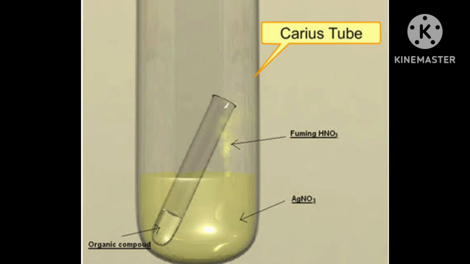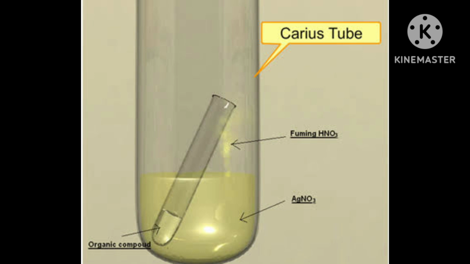AgX has X, maybe chloride, bromide or iodide. Then you calculate the molecular mass. For Ag, silver, the atomic mass is 108, remember it, and Cl is 35.5.